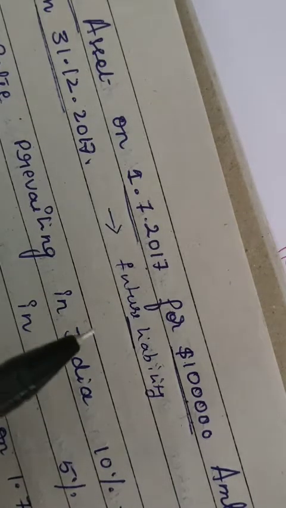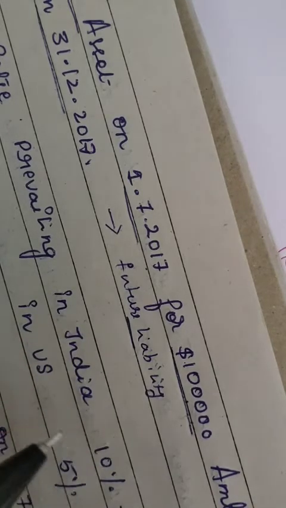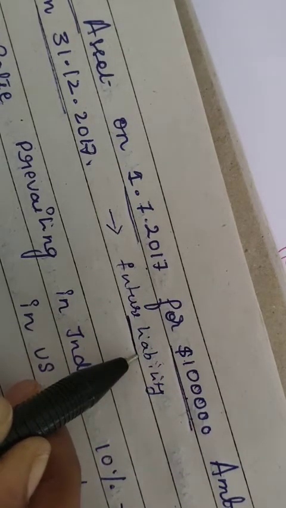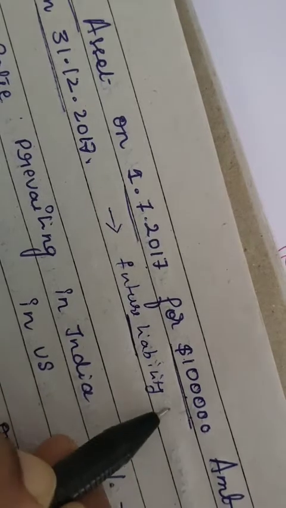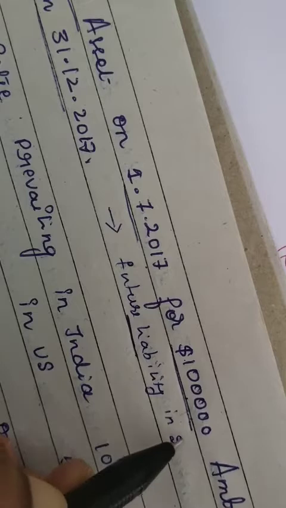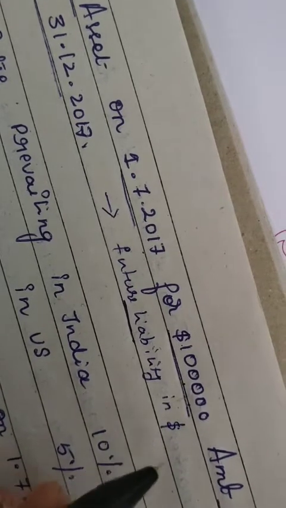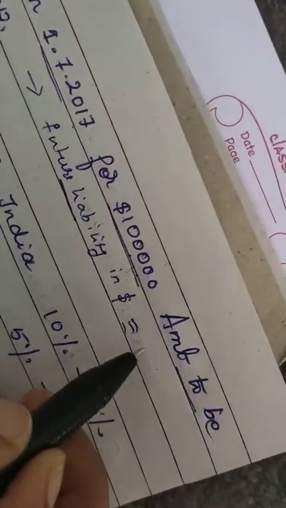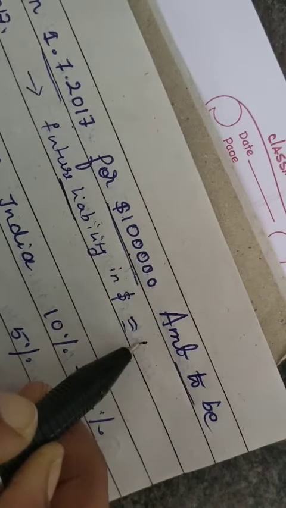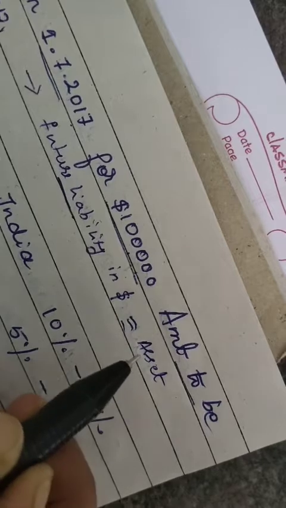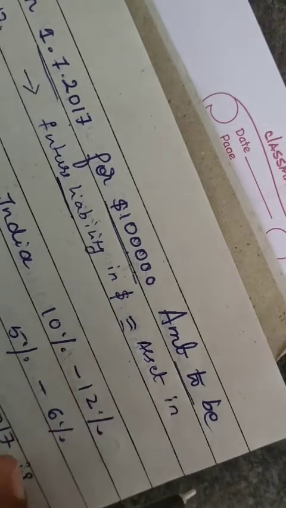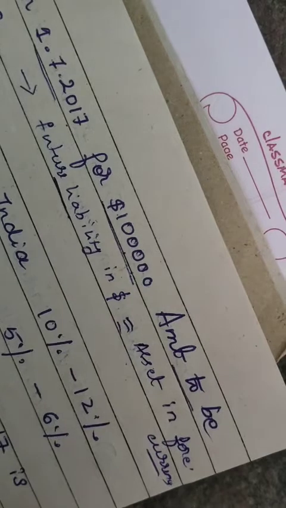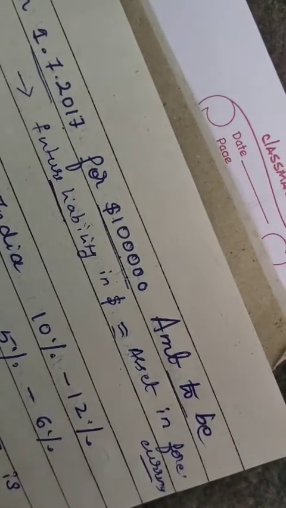So what we need to understand under money market hedging, rule number 1 here is, if you have a future liability in foreign currency, that is here dollar, then we need to create an asset in foreign currency.